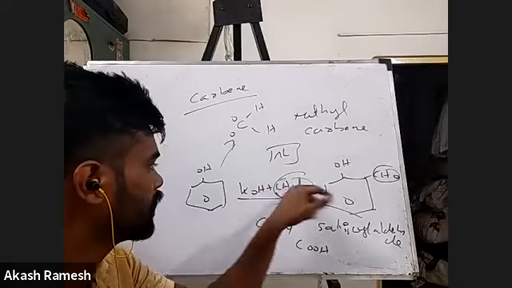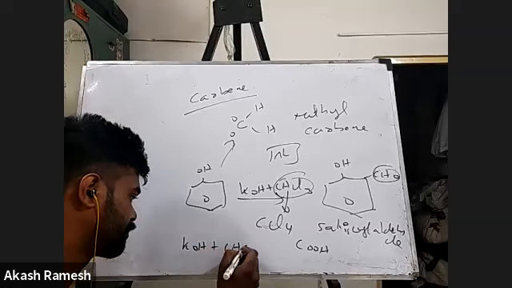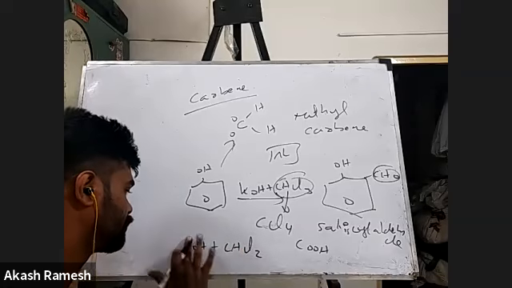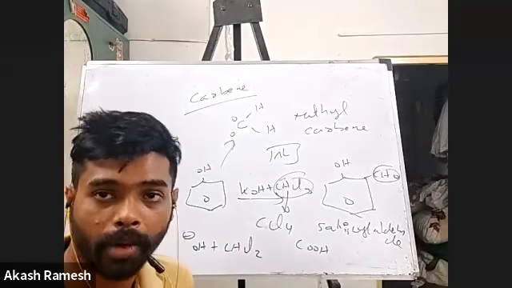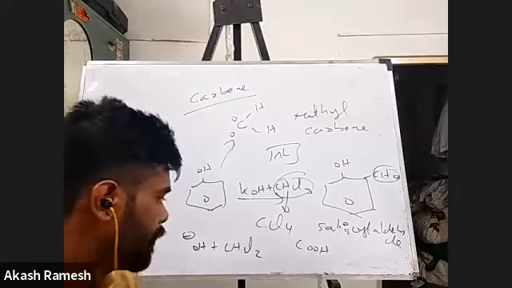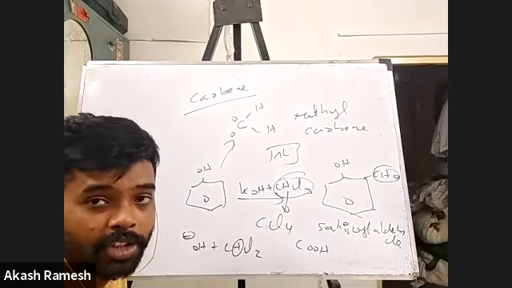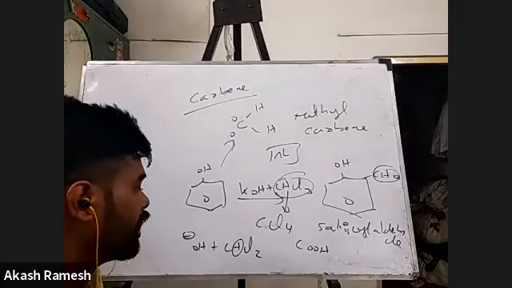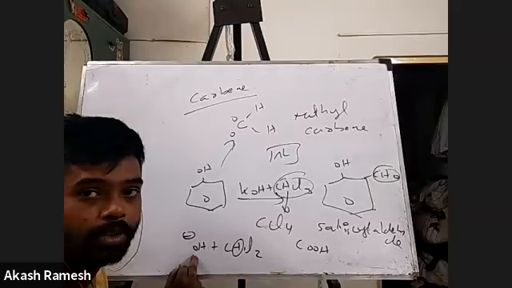So this KOH and CHCl3, I would say first the OH minus is going to come from the KOH. So this hydrogen which I have here in CHCl3 is going to go out. It is going to form H2O with this OH minus.